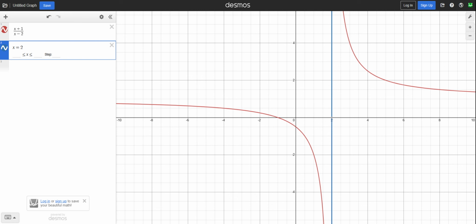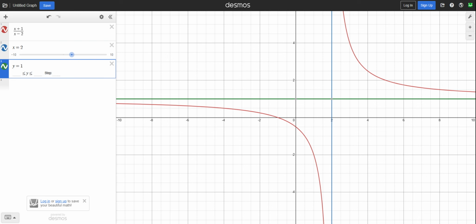And then y equals, if I put in 0, no, it's not 0. So let's put in 1. Yes. So 2 comma 1 is the first point that I'm going to put in.